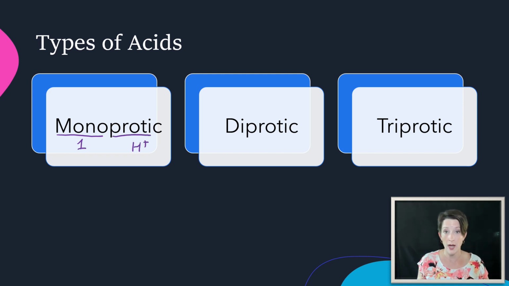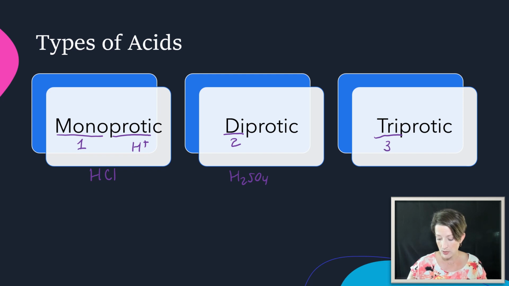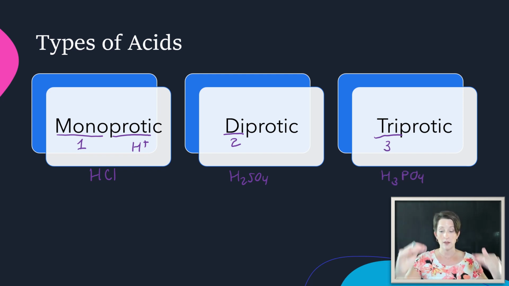So it has one hydrogen which it's going to donate to the base. Diprotic is 2, so there are 2 protons which it can donate. Triprotic is 3, so it's going to have 3. And based off these different levels, we can make more predictions about how these acids are going to interact with bases.